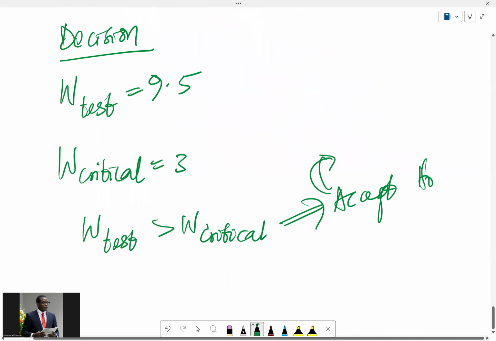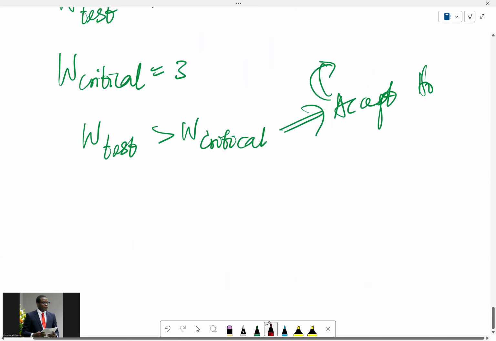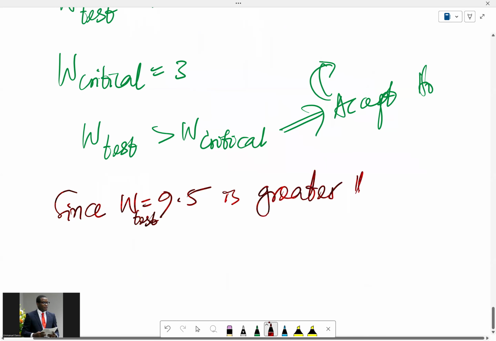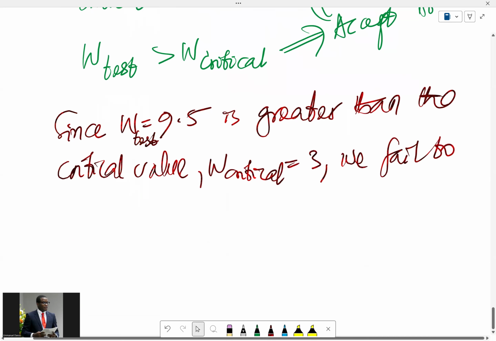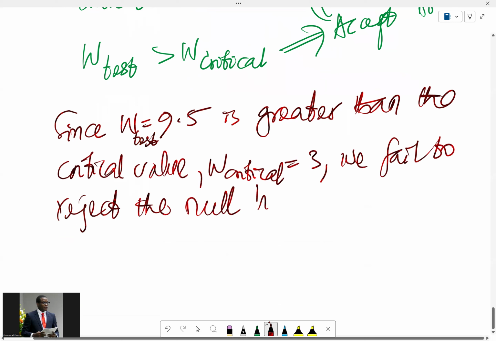Let me just write it formally now. Since W test equals 9.5 is greater than the critical value W critical, which is 3, we fail to reject the null hypothesis.